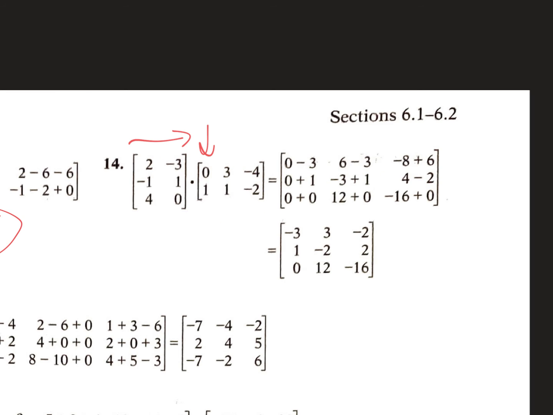When we move to your next row, it's second row 1, second row 2, second row 3 to get here. Then third row 1, third row 2, third row 3 to get these. So your final answer to 14 is -3, 3, -2, 1, -2, and 2, 0, 12, and -16.